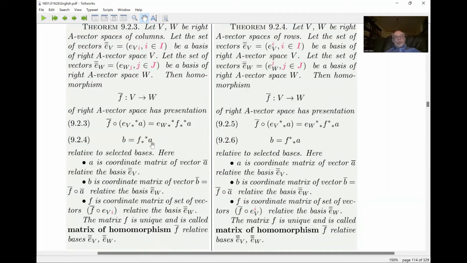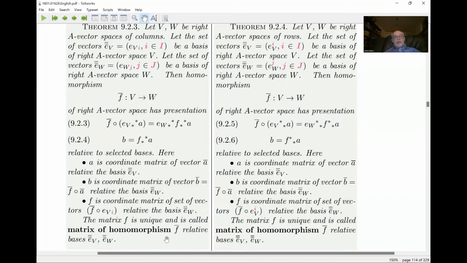related to the selected basis. Here, A is the coordinate matrix of the vector A related to the basis EV. B is the coordinate matrix of the image of vector A related to the basis EW. F is the coordinate matrix of the set of images of vectors of basis EV related to the basis EW.